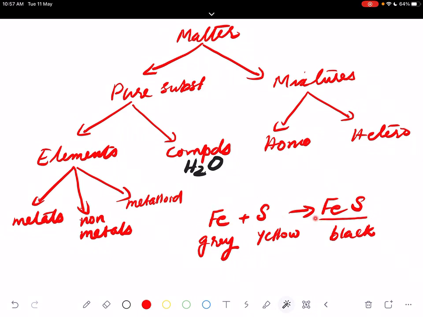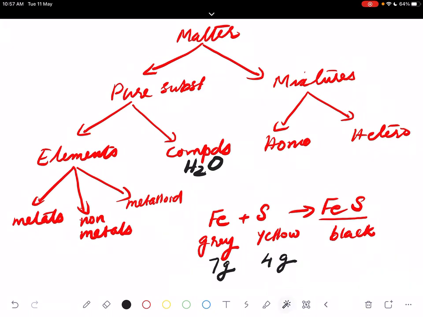What are the constituent elements? Iron and sulfur. And these constituent elements will be in a fixed ratio by mass to form this compound. What is that fixed ratio? 7 gram of iron and 4 grams of sulfur.